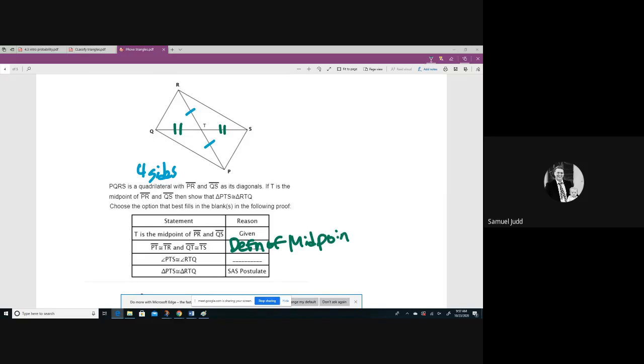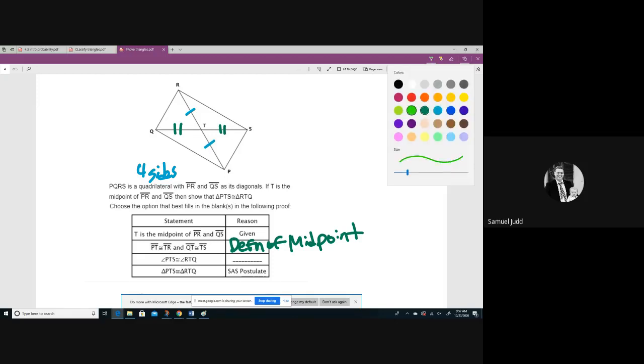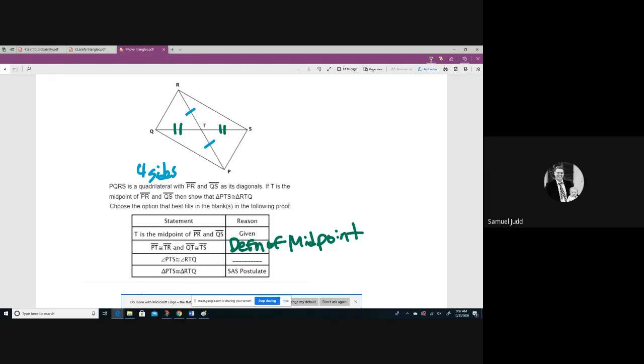The midpoint cuts lines in half. Okay, and we know, let's see what angles it's talking about. PTS right here is congruent to RTQ.